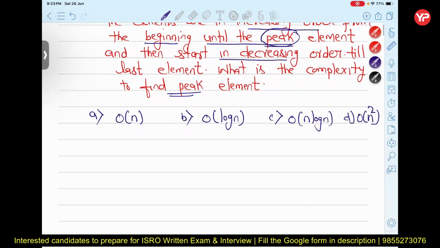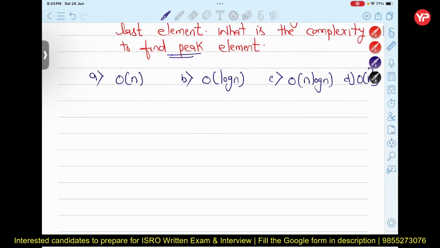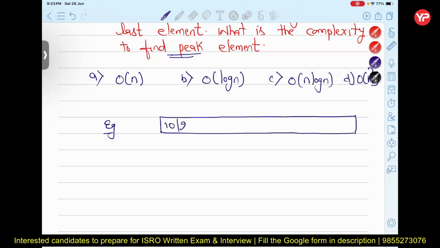First, let's take a random example. Suppose we have an array of positive numbers: 10, 20, 30, 40, 60, 70, 80, 90, which are distinct and in increasing order, and then decreasing order, like 85, 75, 65.